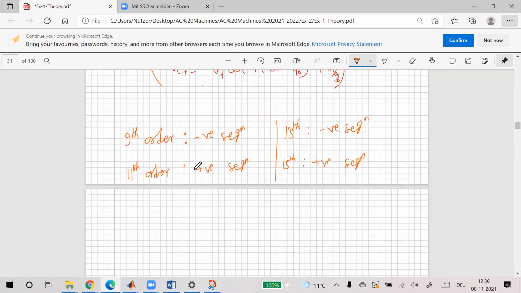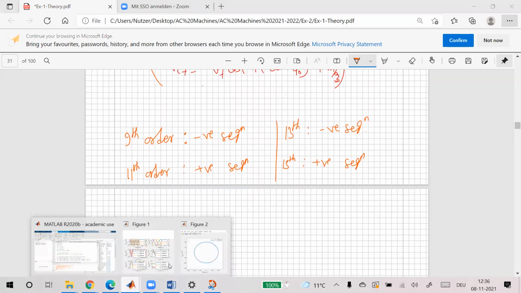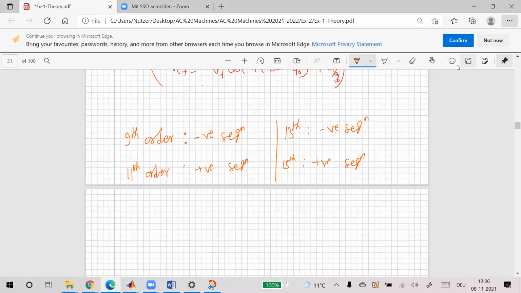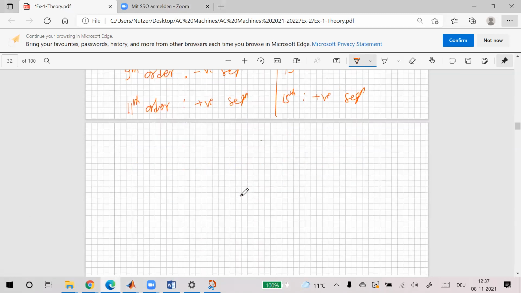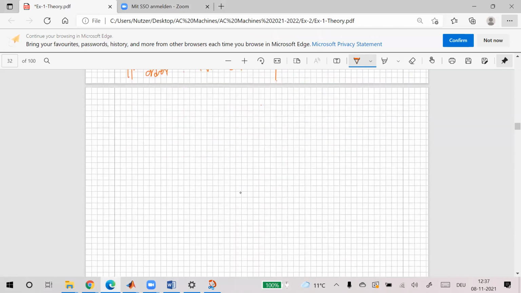No. Okay, so now let's see some graph. What we want to do in the simulation is add the positive sequence and the 5th order harmonics.